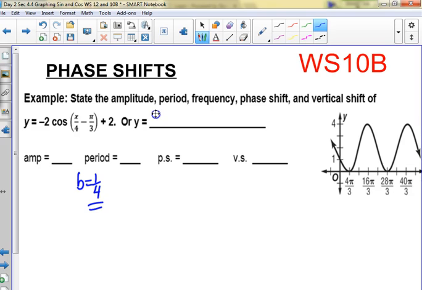So if I try to factor it out, I'm going to have -2 cosine 1/4 x, then what? If I divide a fourth off of here, it's just 1, because a fourth divided by a fourth is 1. But if I have a pi over 3 and I divide off 1/4, it's really doing what?